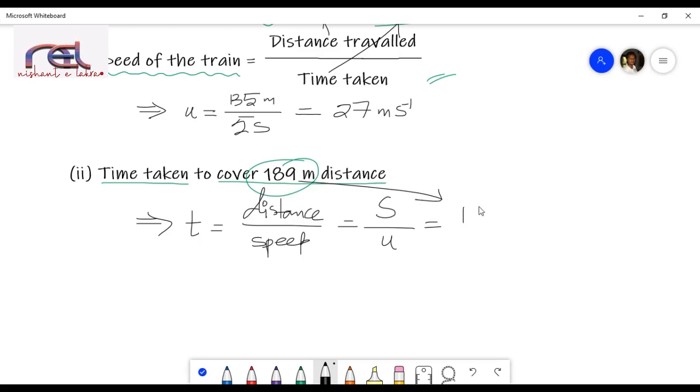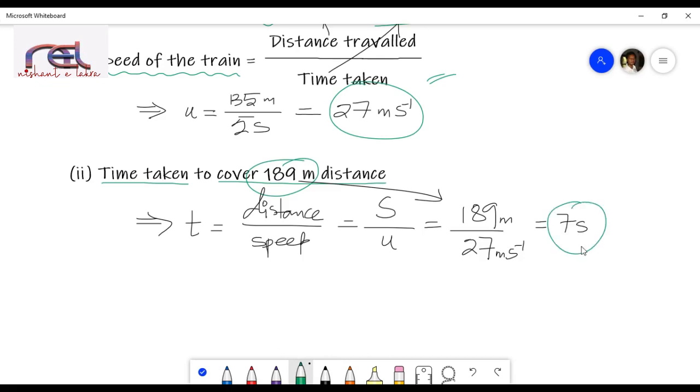So we'll replace this value with distance divided by speed of the train, right? Speed of the train is what we just found in the previous problem, 27 meter per second. And when we simplify this, or when we divide and cancel this, we will get the answer as 7 seconds. So time taken to cover 189 meter is 7 seconds. I hope you have understood this.